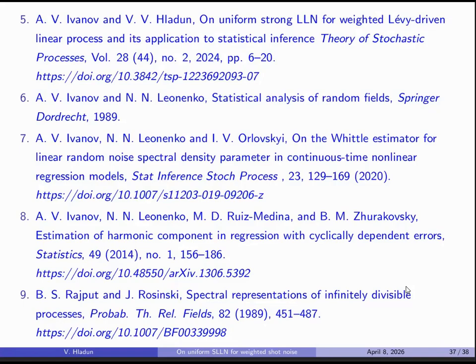Actually, the question is open because we don't know the limiting distribution. But if I'm not mistaken, the limiting distribution will have a limiting covariance matrix of the same form as for the Gaussian process.